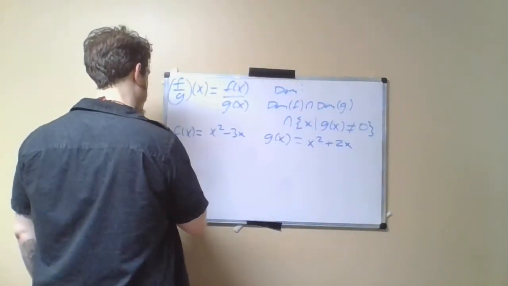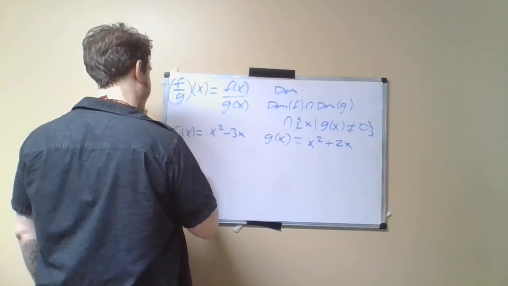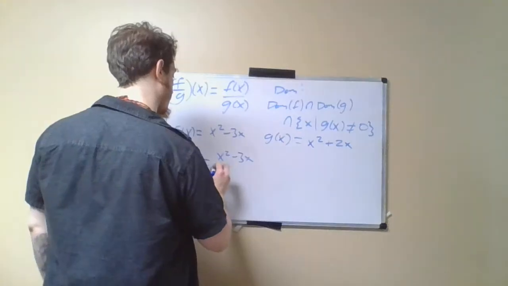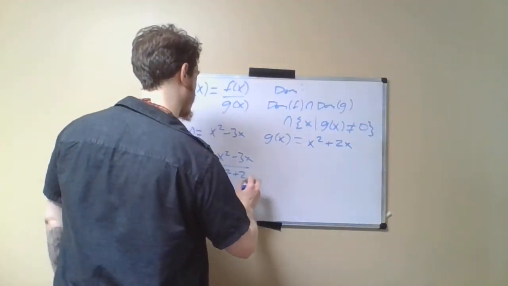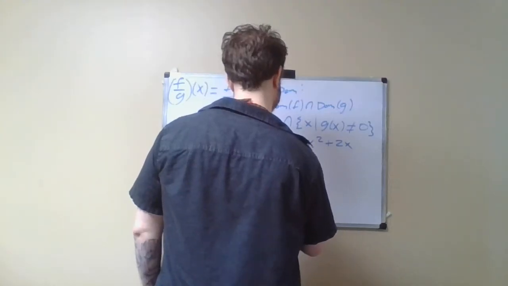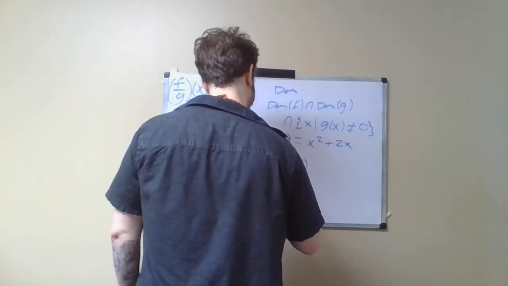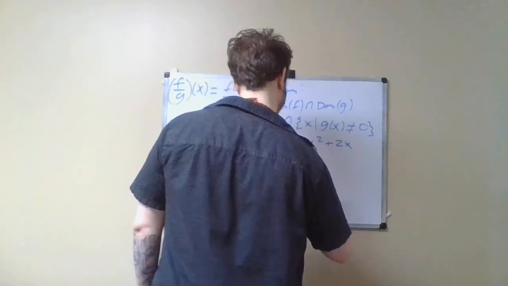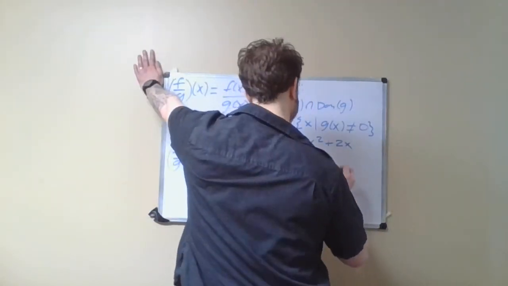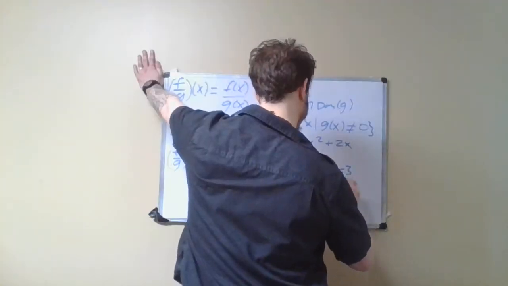Then f over g of x is going to equal (x squared minus 3x) divided by (x squared plus 2x). This is actually x times (x minus 3) divided by x times (x plus 2). And that simplifies to (x minus 3) over (x plus 2).